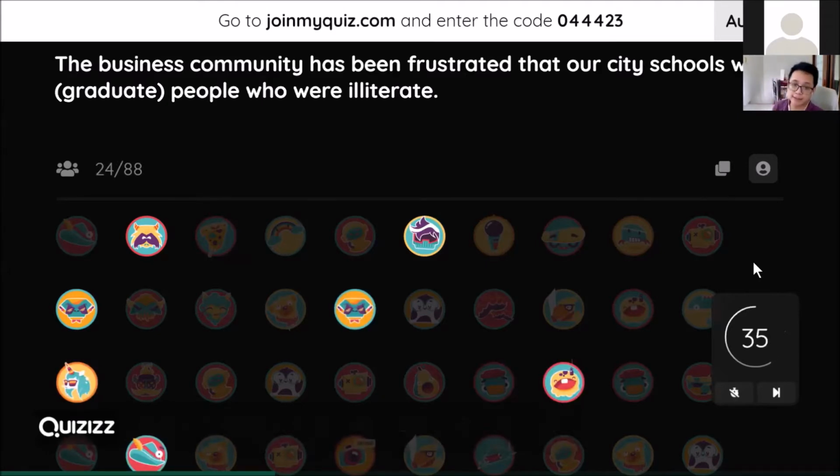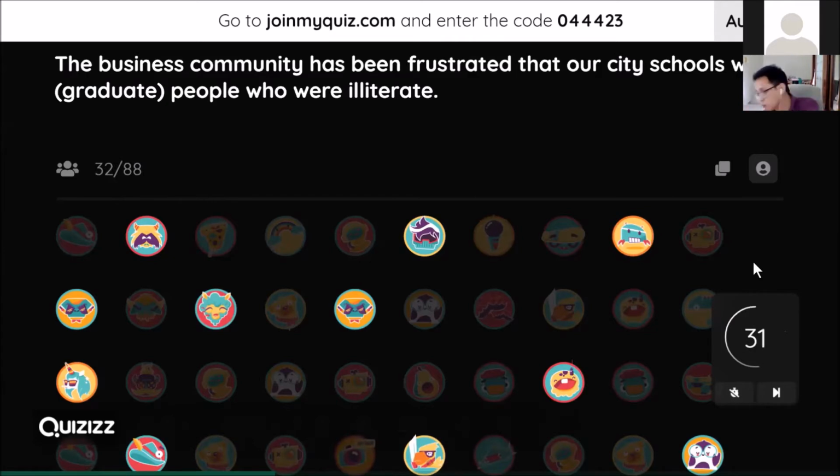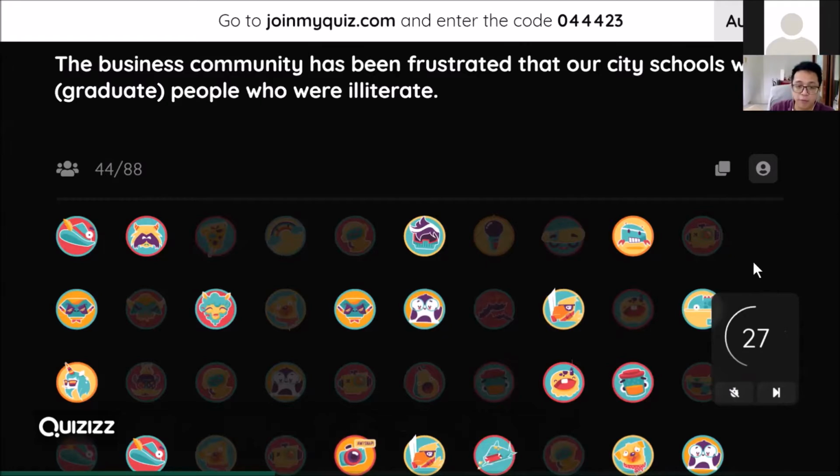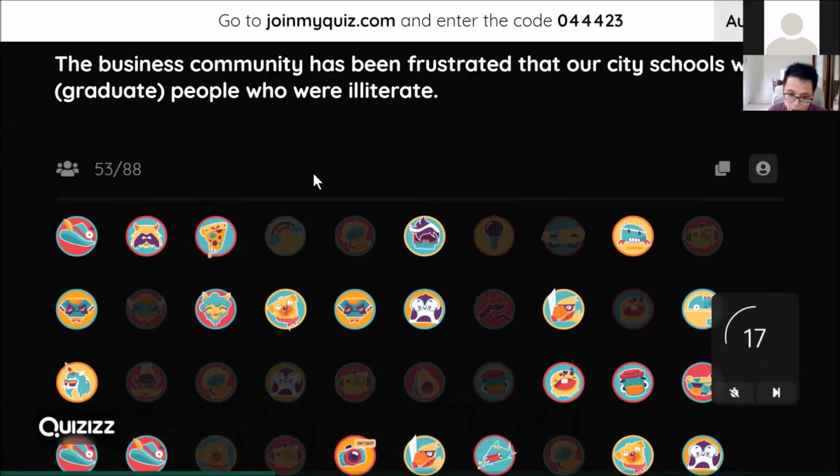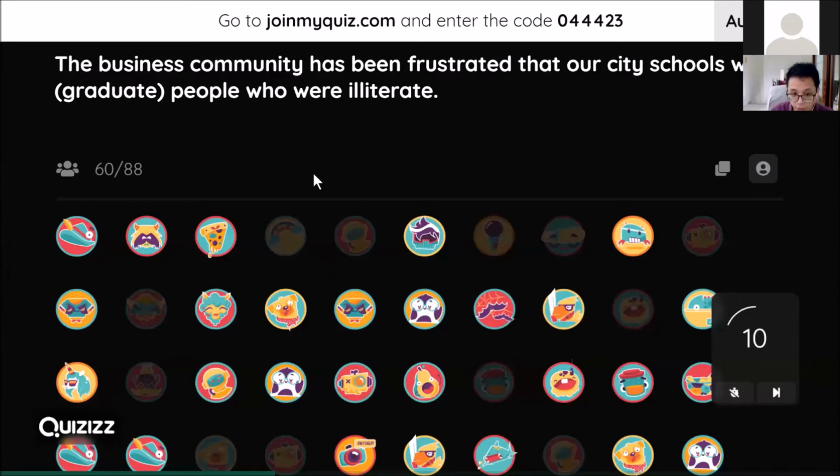Here, look at this sentence. They have been frustrated that our city schools were people who were illiterate. Okay. They were, what were they doing to the people? Okay. So here is a continuous tense. Okay. When it is a continuous tense, your verb you also change into ing.